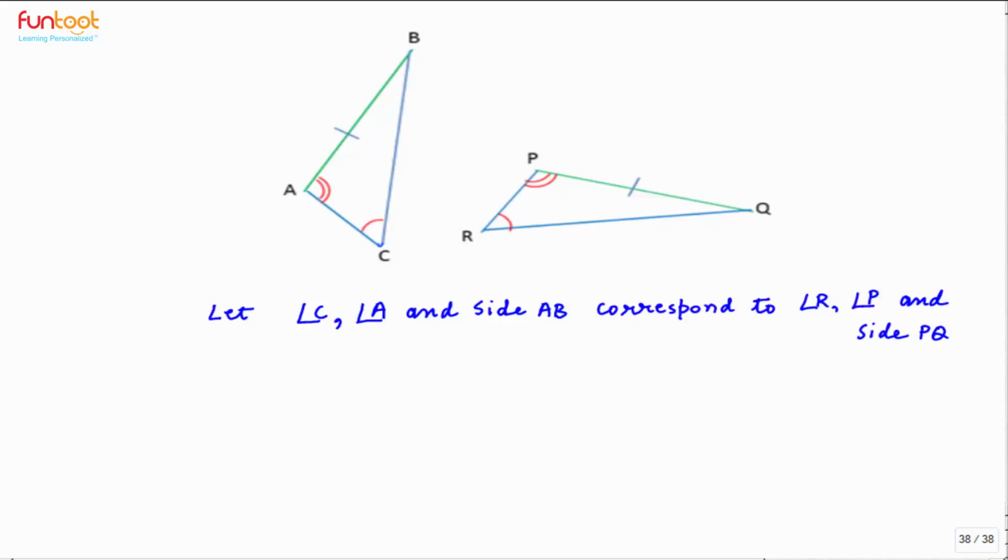Let's now check if we can find the corresponding parts to be equal. As mentioned by AAS rule of congruency, here angle C is equal to angle R, angle A is equal to angle P, and side AB is equal to side PQ.